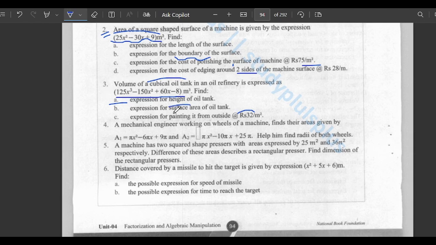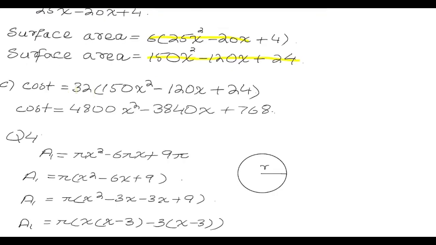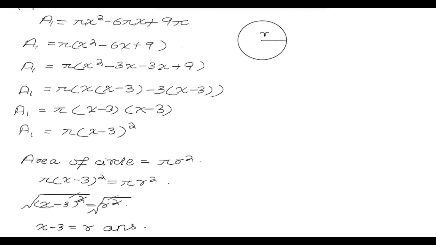So we're just going to use the surface area, and we will multiply that with 32. So we will get the cost in rupees. Here we have 32 multiplied by the surface area which we just found in the previous part, and your answer will be 4800x square minus 3840x plus 768. Now let's move on to question 4.